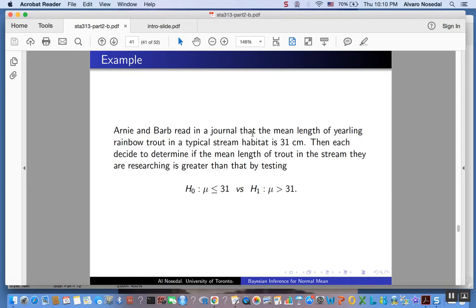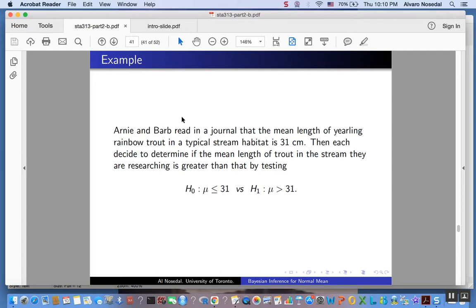We talked about the parameter mu, the average length of a particular kind of trout, and we had two experts, Arnie and Barb, analyzing the data.